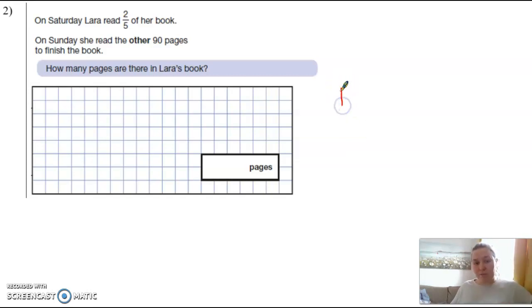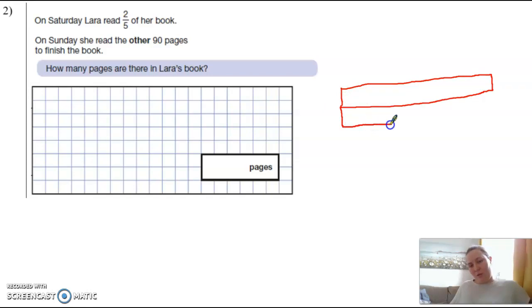I'm going to draw a bar to represent the whole, and then I'm going to draw a bar to represent the information that we know. Okay, excuse my wibbly wobbly lines, but I'm trying to control the pen with a mouse and it's not ideal. So we've got the whole. We need to find out the whole. So this is a mystery right now. This is our unknown. Then Lara read 2/5 of the book on Saturday.